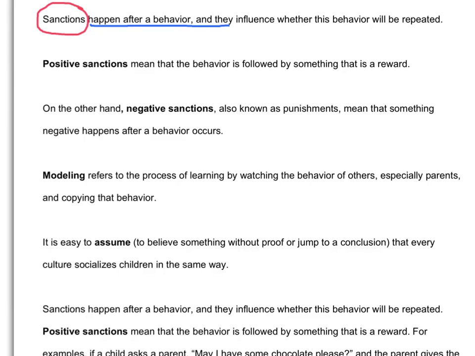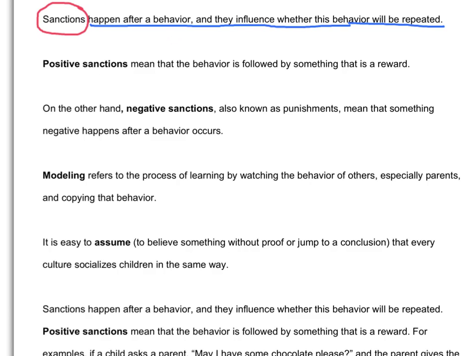It's something that happens after a behavior, and the sanctions influence whether this behavior will be repeated. We don't really have a link in here. It's just the key term and then a definition, jumping into the definition.